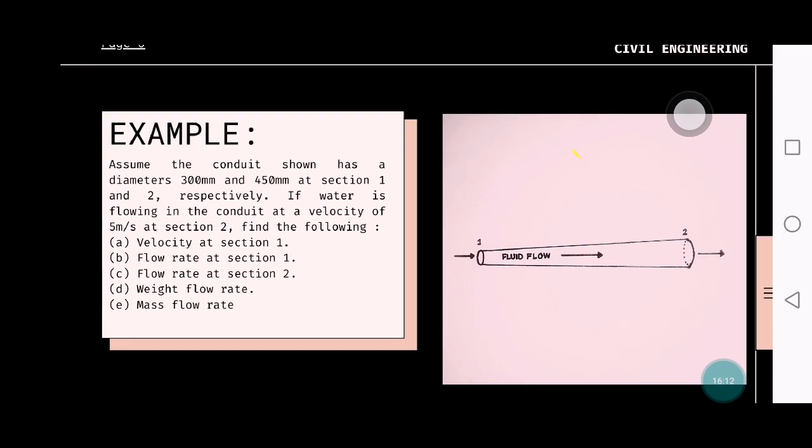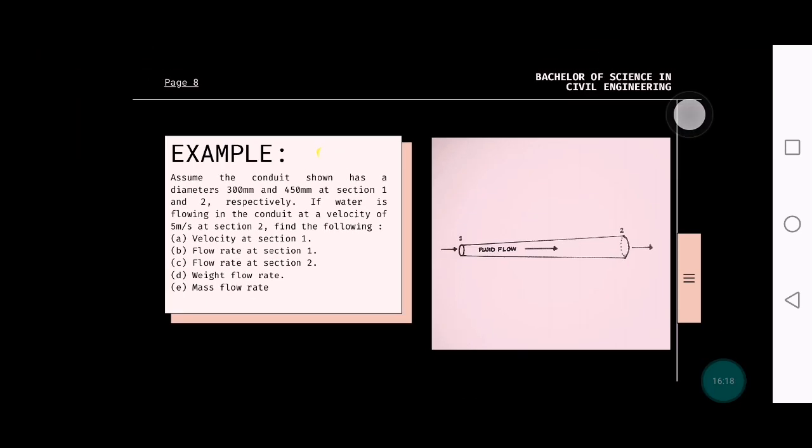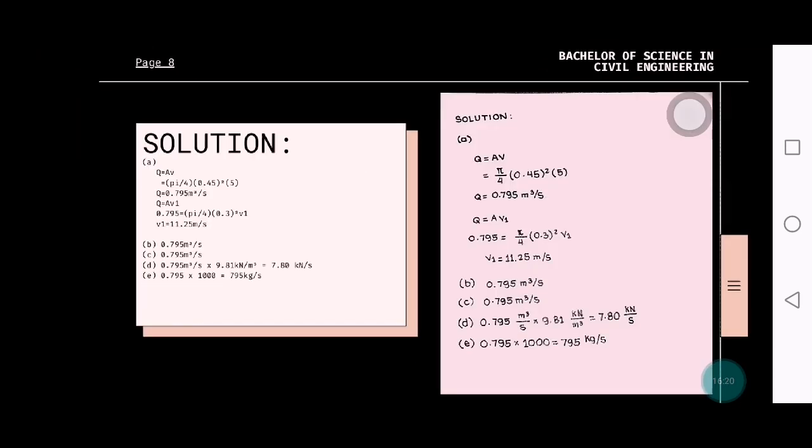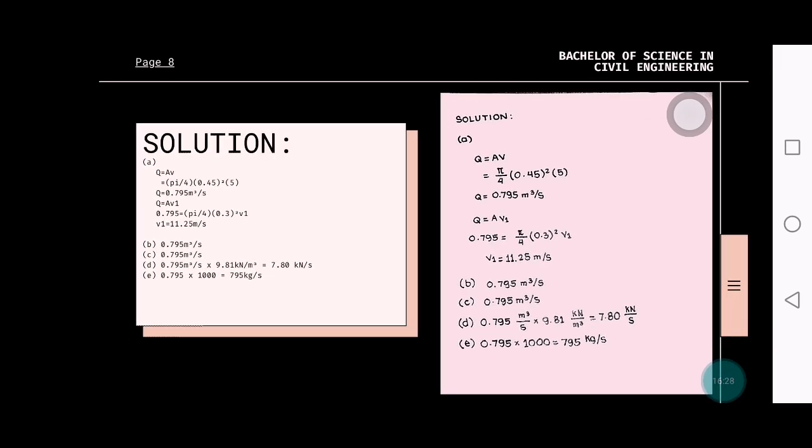So here is the illustration of the fluid in the middle. For the solution in A, the formula is discharge is equals to A times velocity.